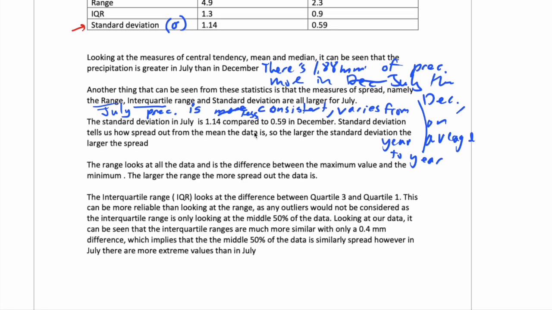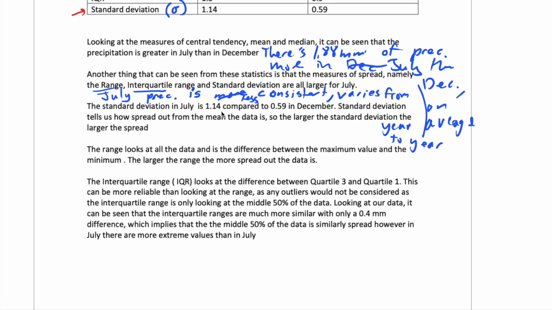Next paragraph talks about standard deviation. So it's 1.14 for July, 0.59 for December, and these have units as well. You can say millimeters. Standard deviation tells us how spread out from the mean the data is. Larger standard deviation is larger spread.